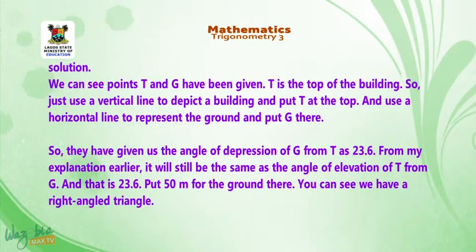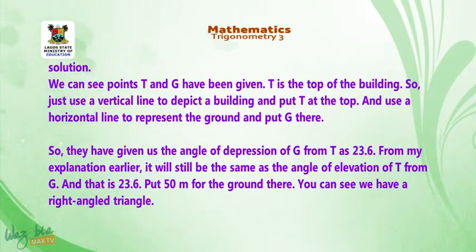We can see points T and G have been given. T is the top of the building, so just use a vertical line to depict a building and put T at the top, and use a horizontal line to represent the ground and put G there. They have given us the angle of depression of G from T as 23.6 degrees.